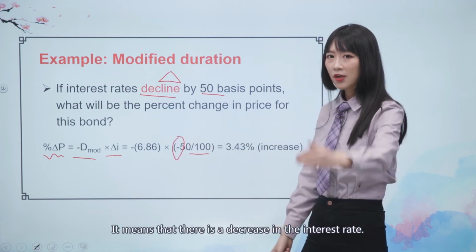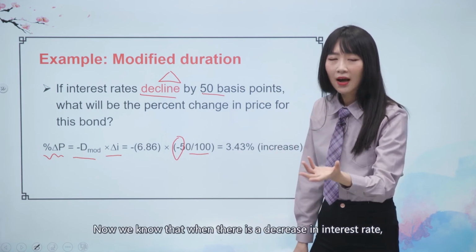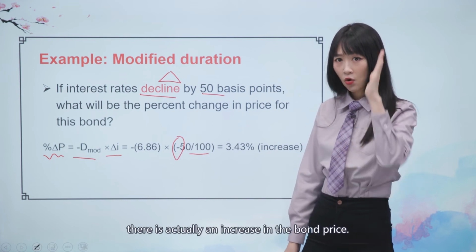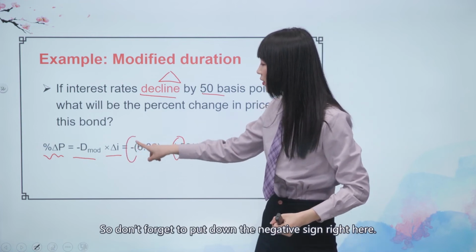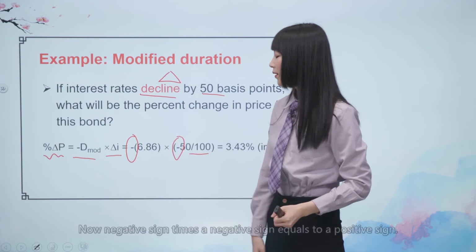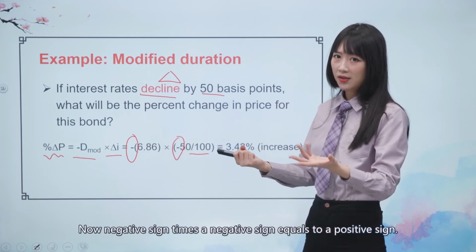It means that there is a decrease in the interest rate. Now, we know that when there is a decrease in interest rate, there's actually an increase in the bond price. So, don't forget to put down the negative sign right here. A negative sign times a negative sign equals a positive, right?